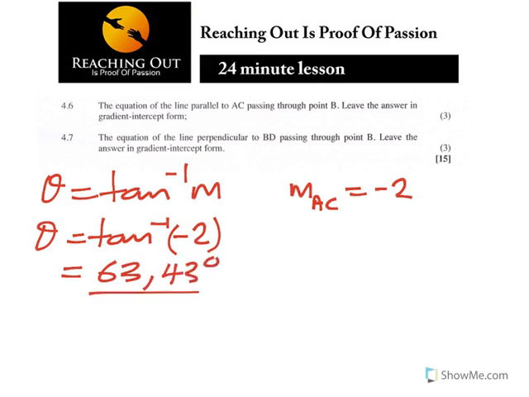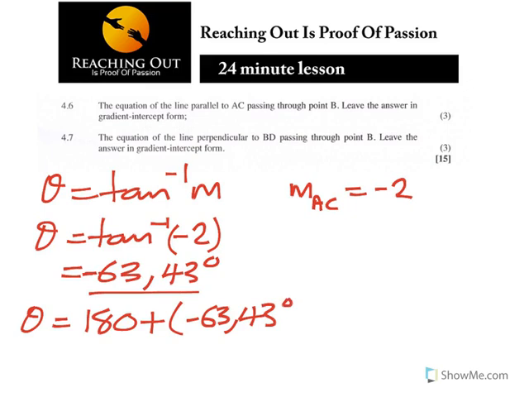Because the answer you got was negative, you say theta is equal to 180 plus negative 63.43. Remember, they said obtuse. Using your calculator, you will get 116.57 degrees. That is the answer they wanted.